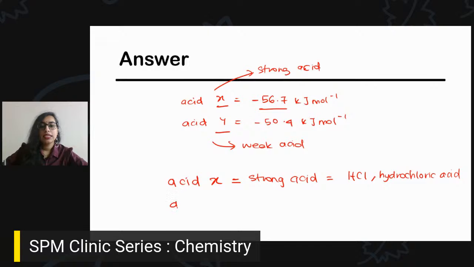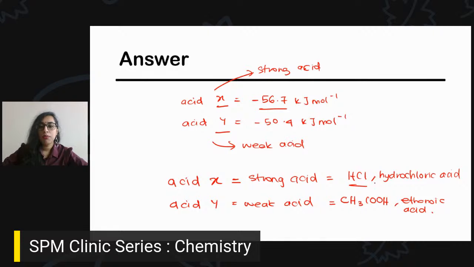And acid Y is a weak acid, so we can give an example of ethanoic acid, CH3COOH. This is a weak acid and this is HCl, a strong acid.